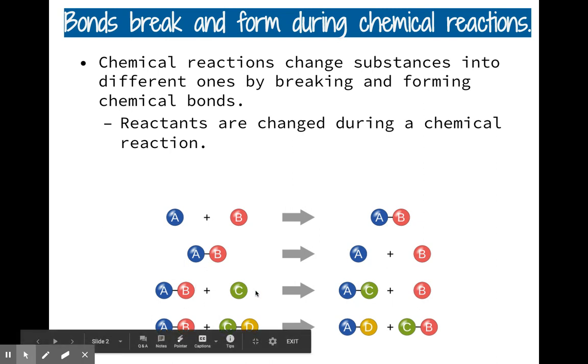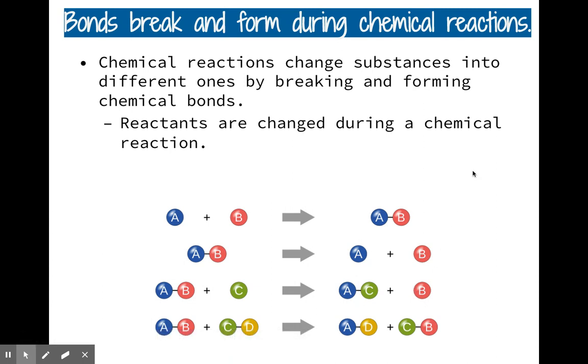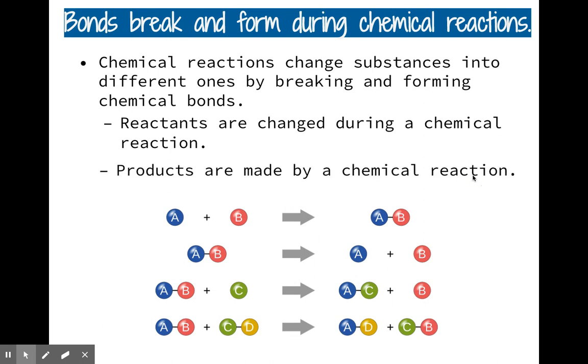I have AB plus C, which is going to yield AC plus B. So I see some chemical reactions displacing and reversing. And same thing for AB plus CD gives us AD and CB. So our products are made by this chemical reaction. We have our reactants and then we have our products.